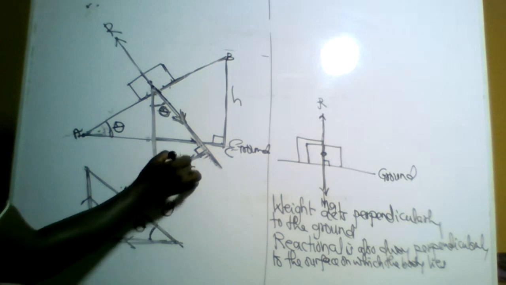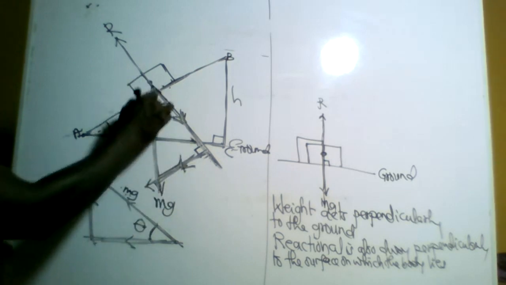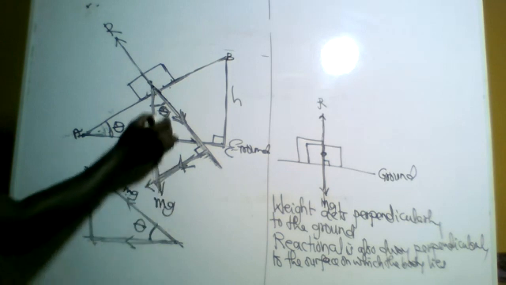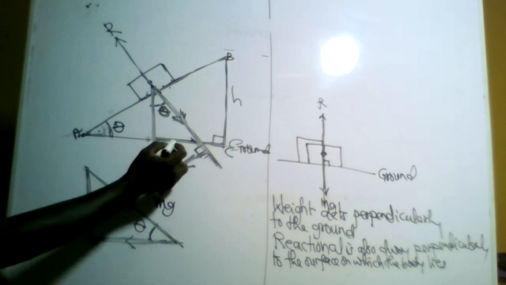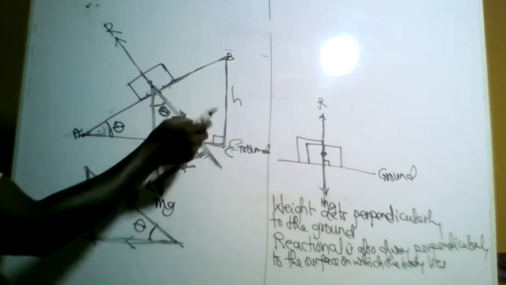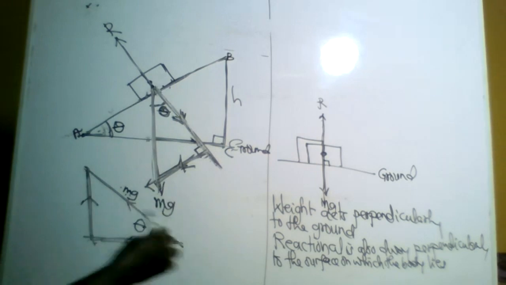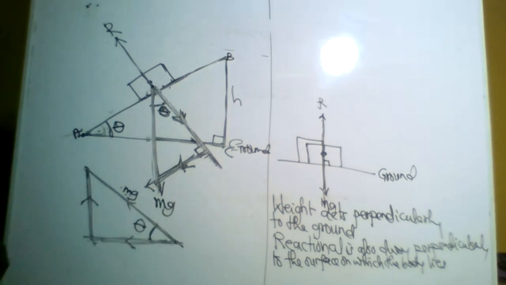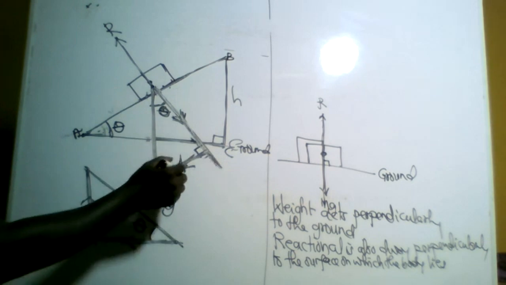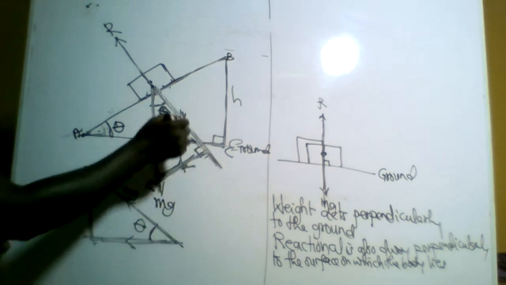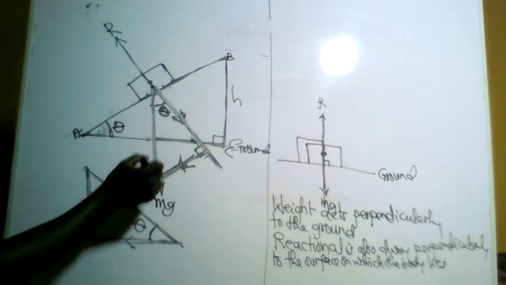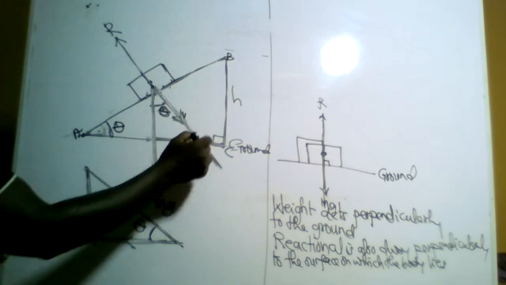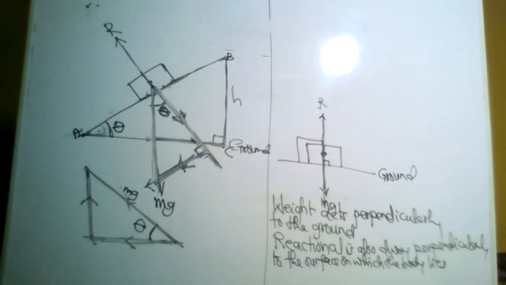So this side is the opposite, this is the hypotenuse and this side is the adjacent. The opposite is always perpendicular to the adjacent. And then the hypotenuse. I want you to resolve this. Give me the adjacent and opposite, the resolution of vectors into components.